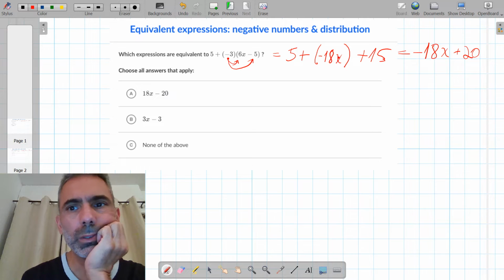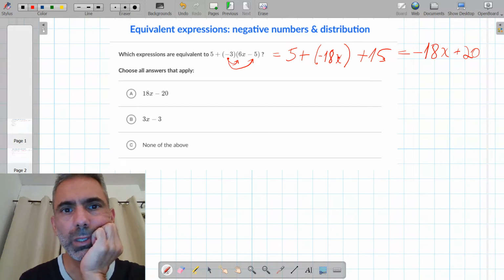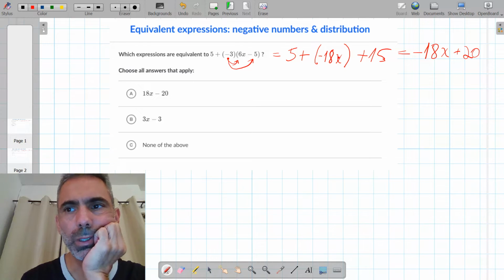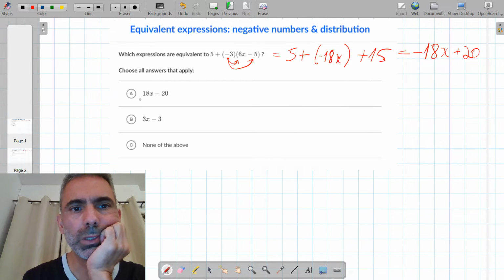Here we have positive 18x, which is incorrect, and negative 20, which is incorrect. And here, how did they get 3x minus 3?